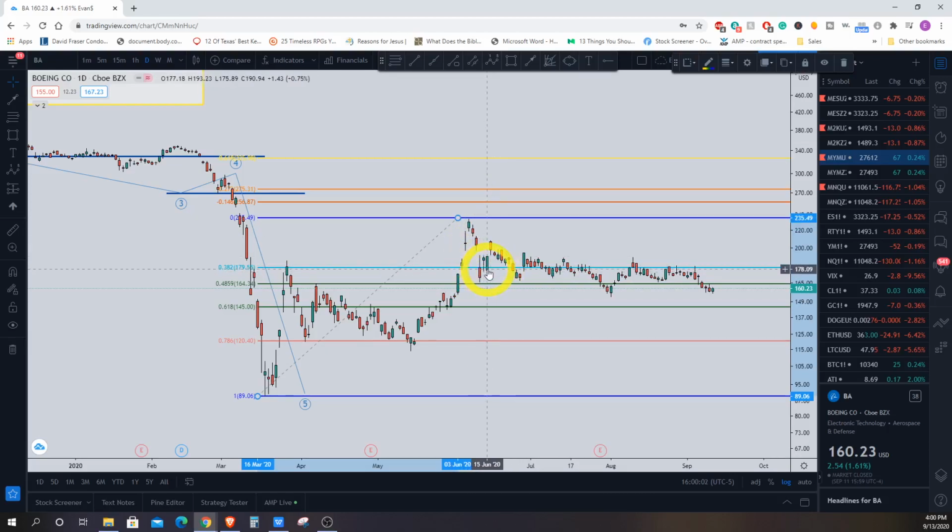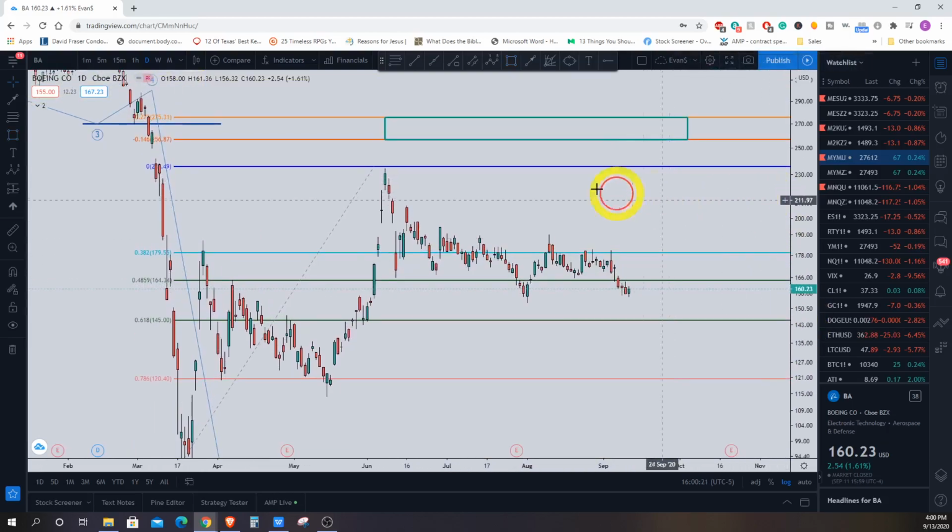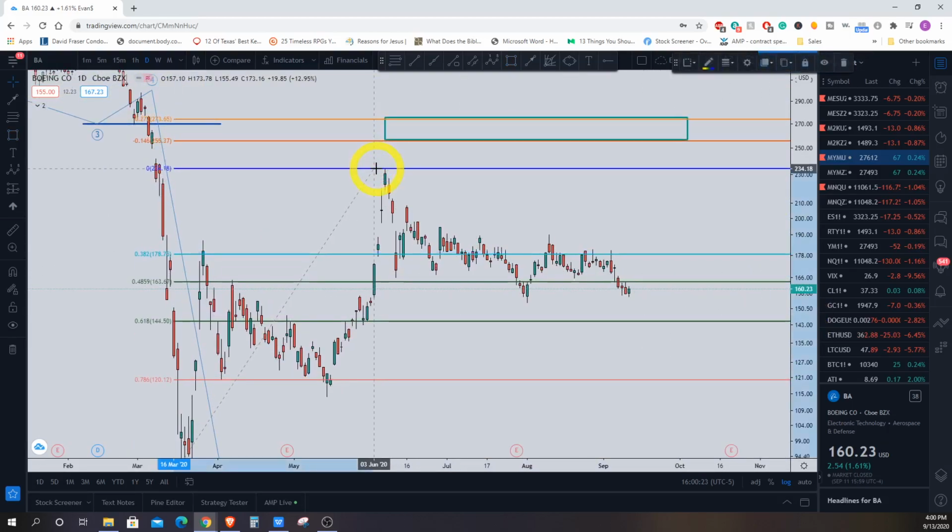That initializes it and lets us know that now the target we're looking for, if this is to continue and go up, is going to be this first orange line right here at about $257 or so. And let me just draw the target box that we're looking for right there. So around $255.